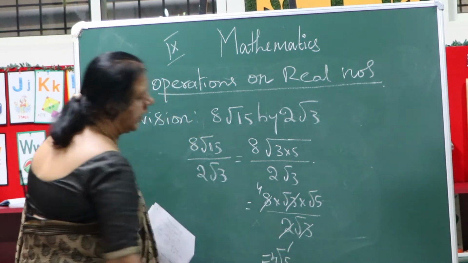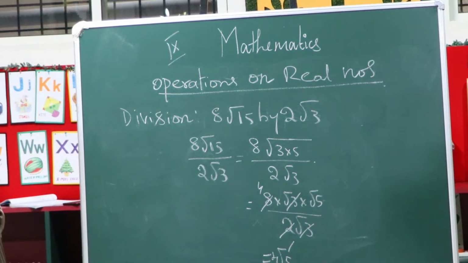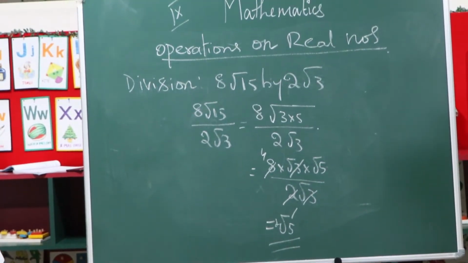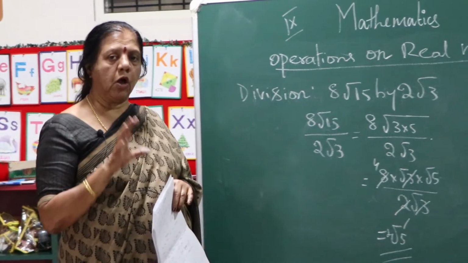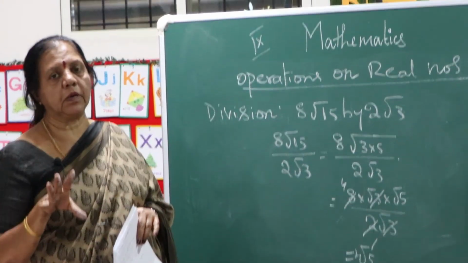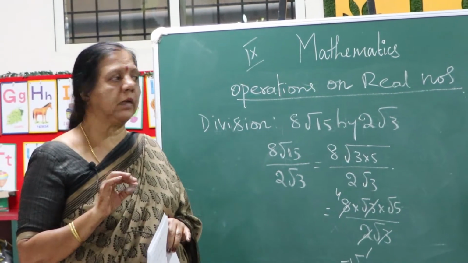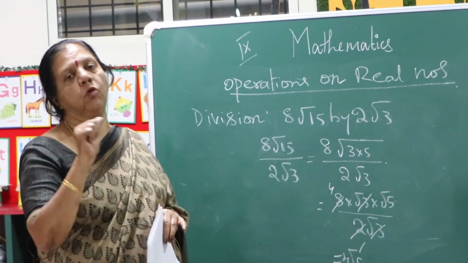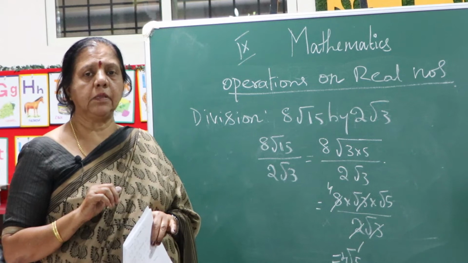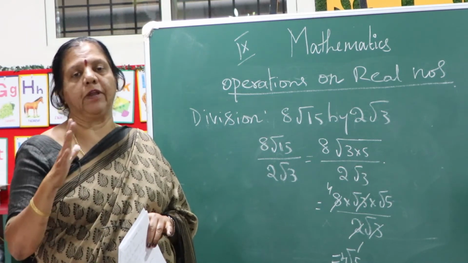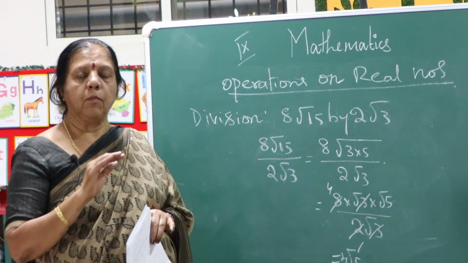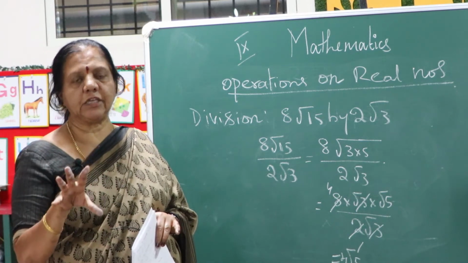So this is the way you have to do the division, children. So what did you learn? Addition, how to do it with real numbers, and also multiplication and division with real numbers. A number of sums are given in your exercise and in the examples, both places in your textbook.